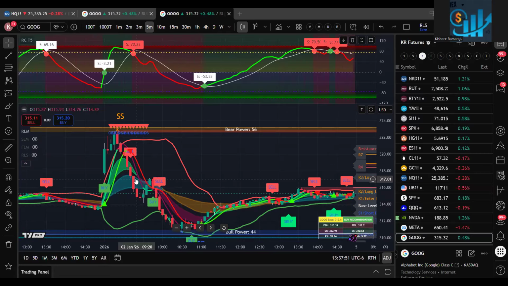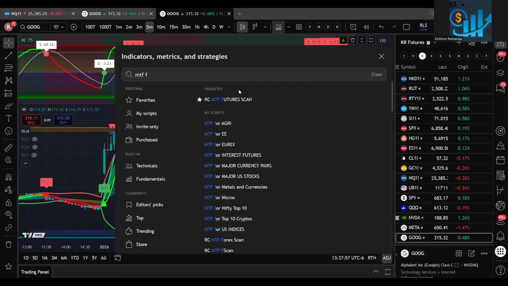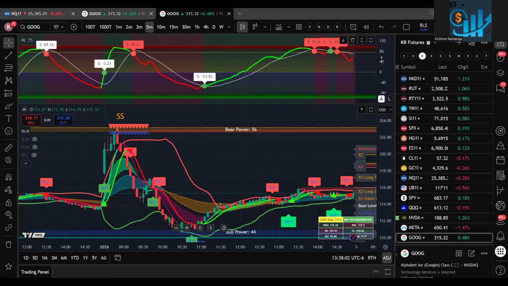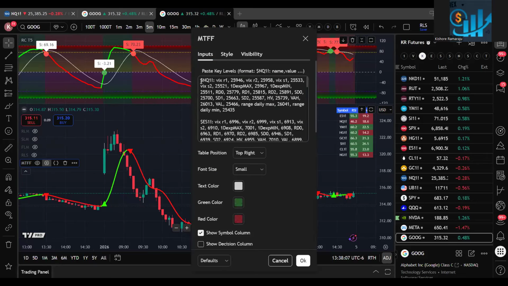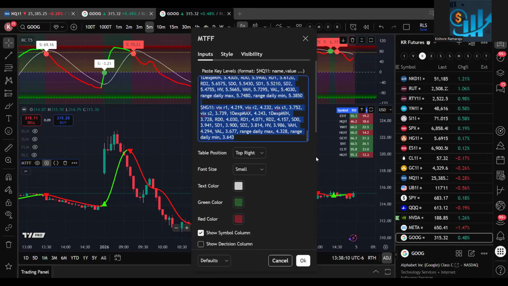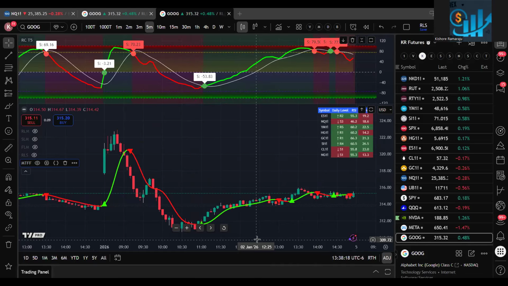So you have an indicator like the MTF future scan. So for example, when market opens, you can copy paste your levels, and for example it already shows that ES is at R7 or something like NQ is at R8.